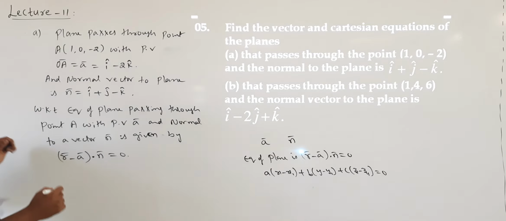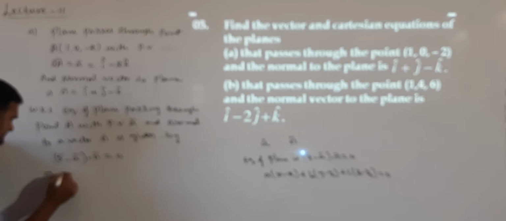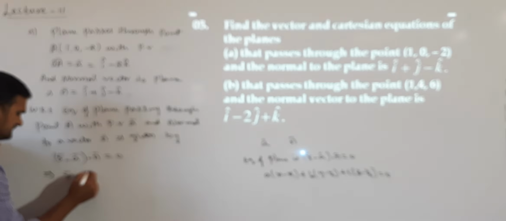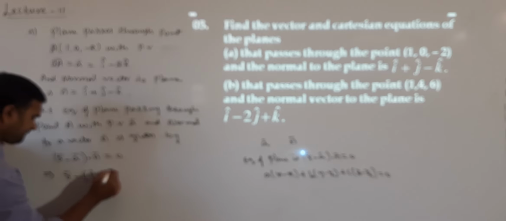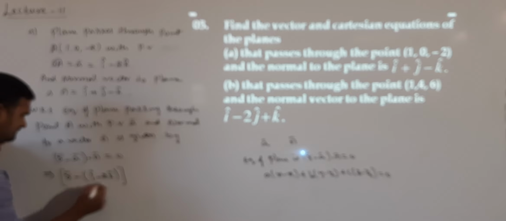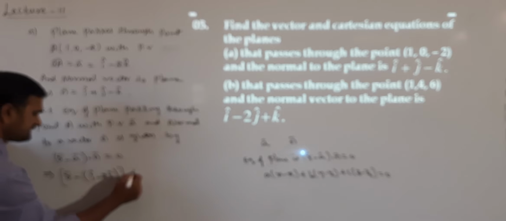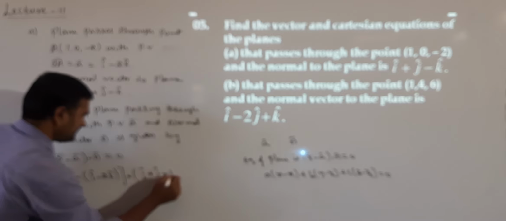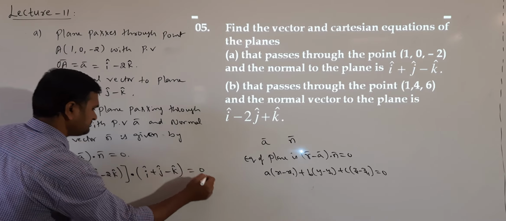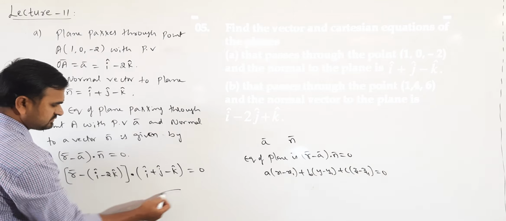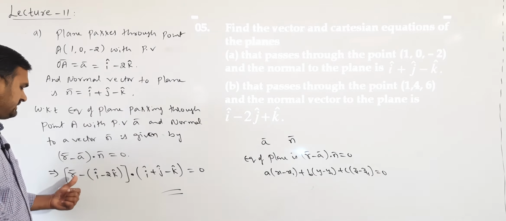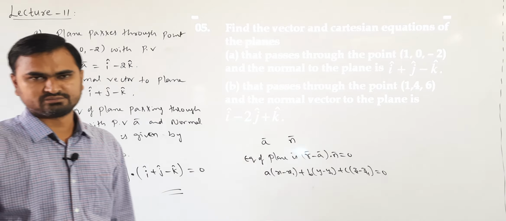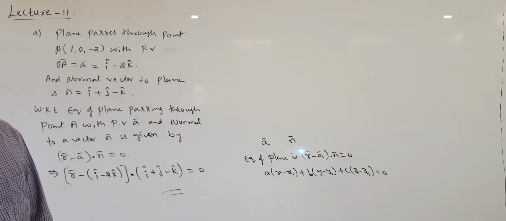This is the formula we have to remember. So the required plane is r bar minus a bar, where a bar is i minus 2k, dot n bar, where n bar is i plus j minus k, is equal to 0. We can stop here, no need to simplify it. It is in the form r bar minus a bar dot n bar is equal to 0. This is the vector form.